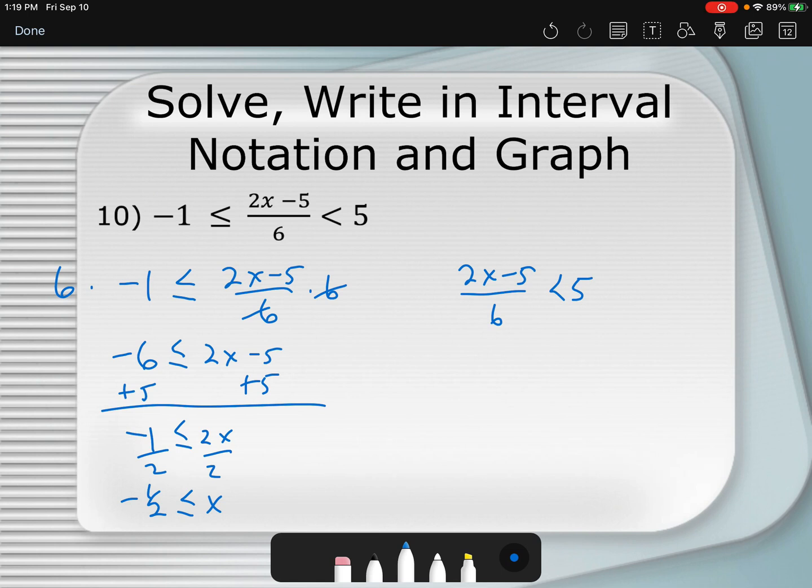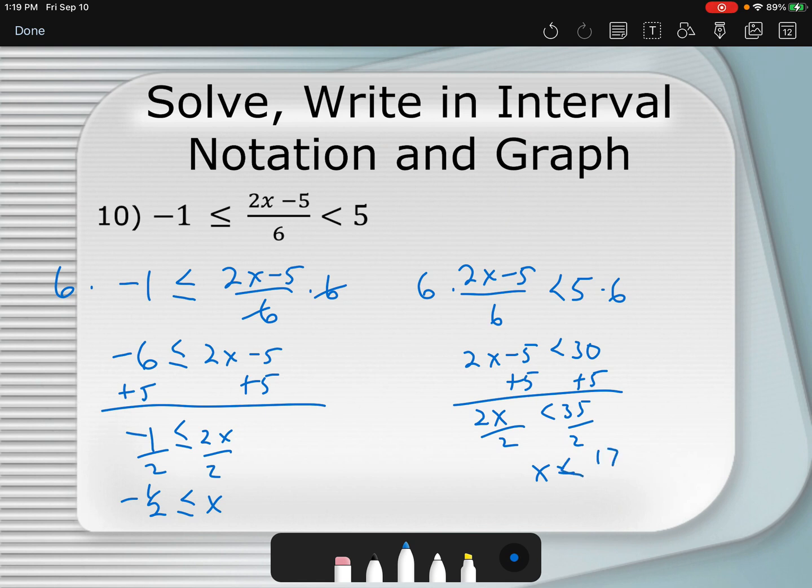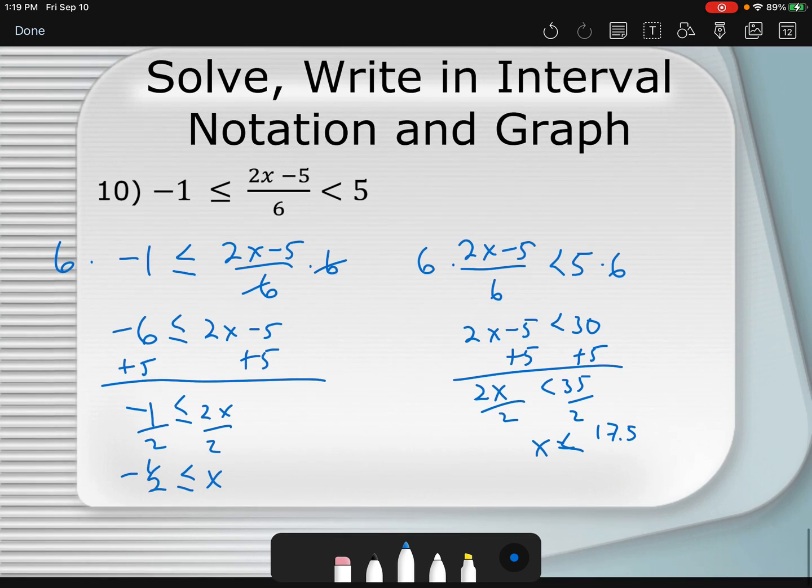Again, just pause it when you're going through these together. And on this side, we're going to multiply by 6 and get 2x minus 5 is less than 30. Add 5, we get 35, divide by 2. I'm going super fast because I don't want to take up your time. So x is less than 17.5, but it's greater than or equal to negative 1/2.